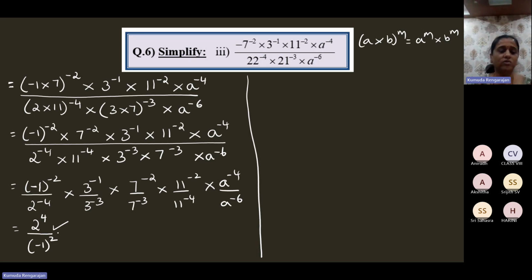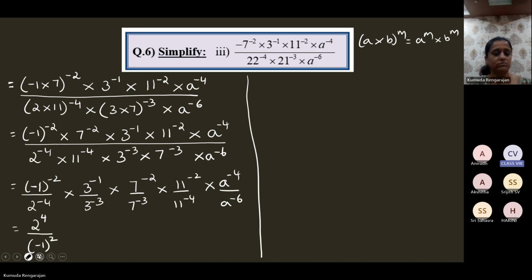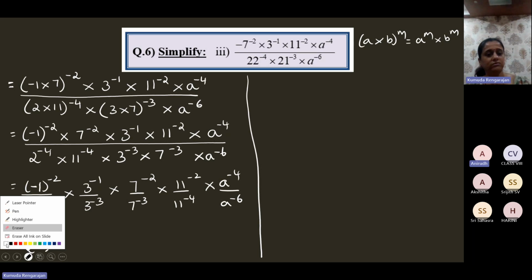The power -2 is now +2. 2 to the power -4 is in the denominator. Now we have written it in the numerator. That base 2, you write it as it is. The power -4 becomes +4. All right, children? Yes, ma'am.